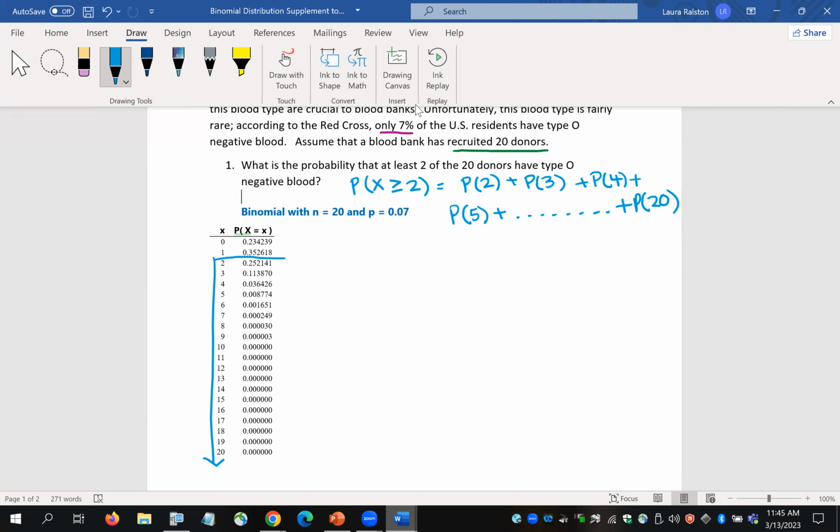And when you get them typed in, you get 0.413143. So about 41%, there's about a 41% chance that at least 2 of the 20 would have O negative blood.